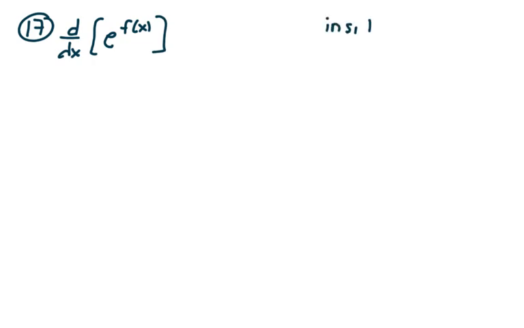Let's take a look at 17. Suppose I want the derivative of e raised to the f of x. What's inside? Same game, right? The inside function is f of x. What's outside?